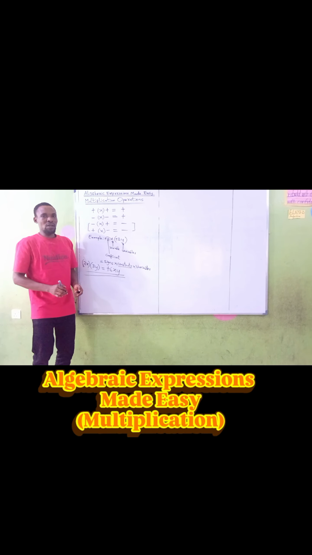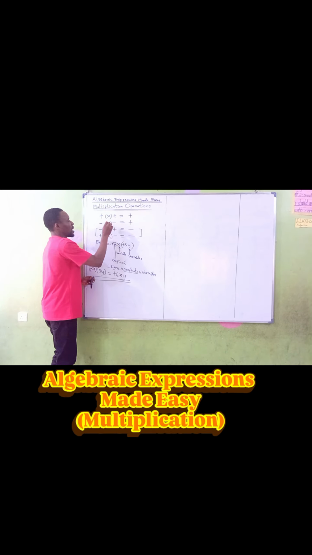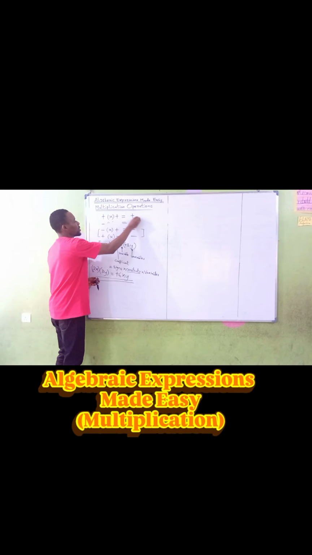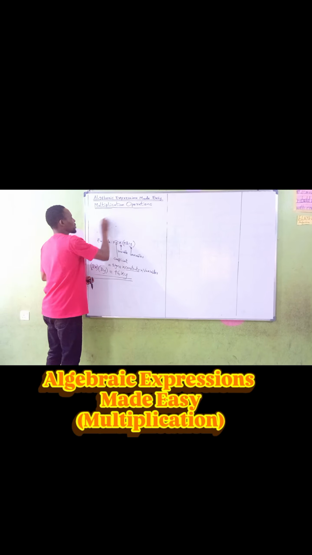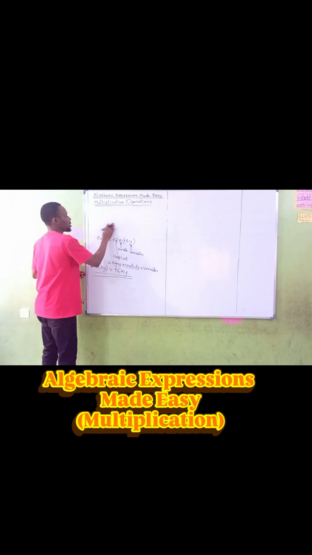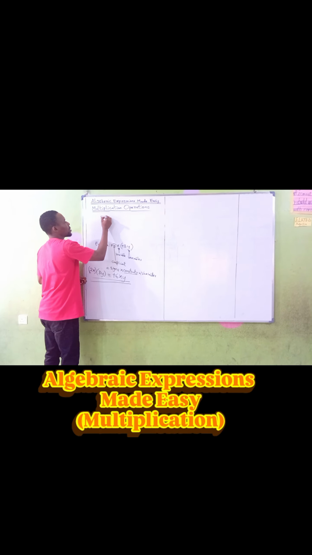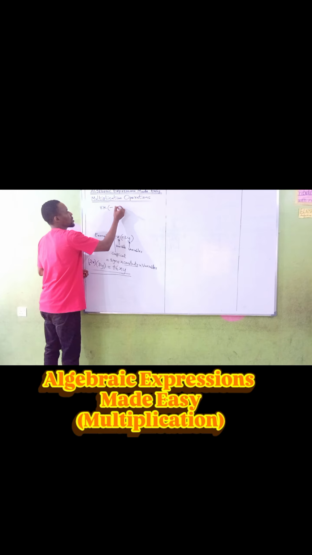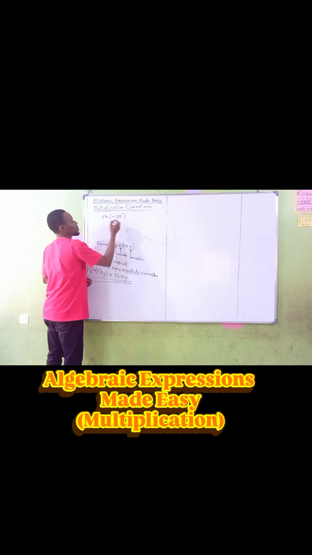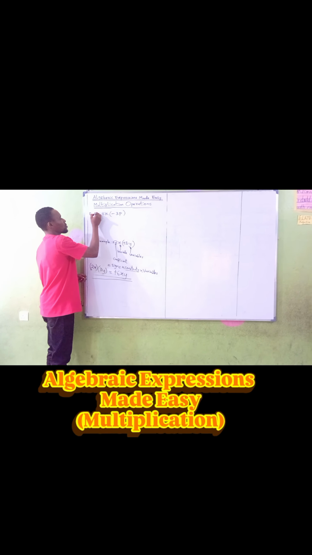I hope that is understood. Now let me give another example, a quick one. Let's say you were given 8k multiplied by minus 3p. This is example 2.